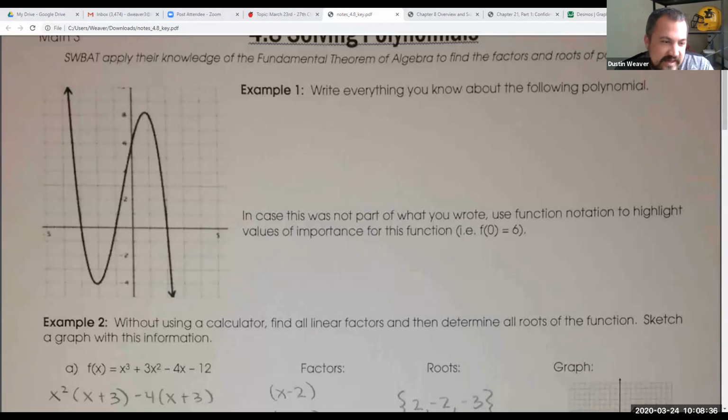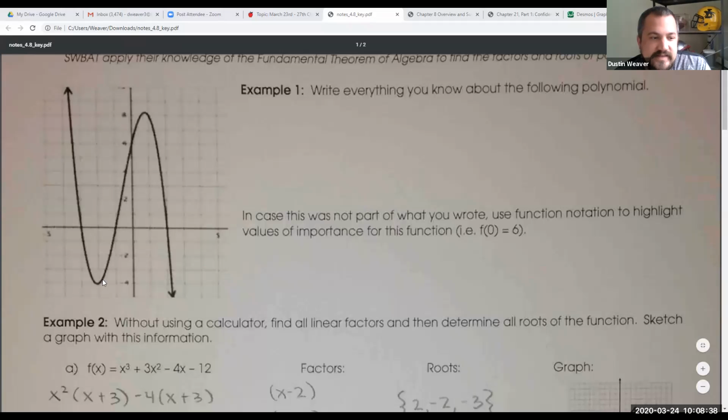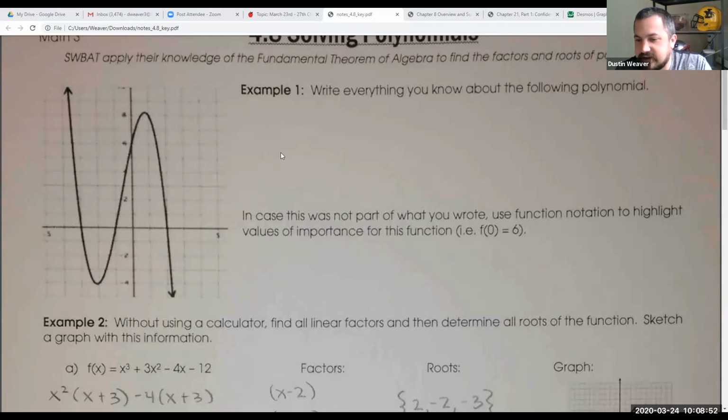Okay. And then if you look on here, I can tell you how many turns it has. You see where it changes direction down here at the bottom, that is a turn. And then up here at the top, when it changes direction, that's a turn. So the degree is usually one more than the number of turns.